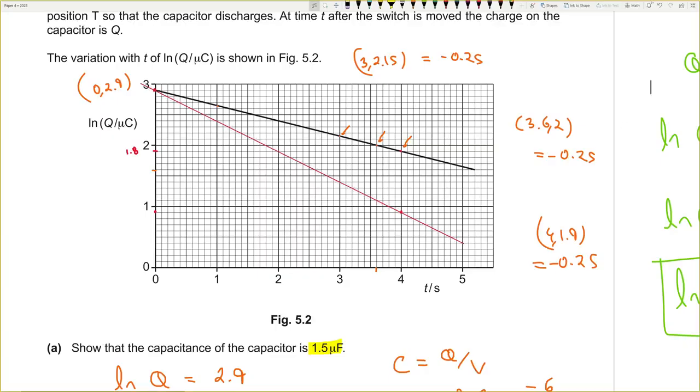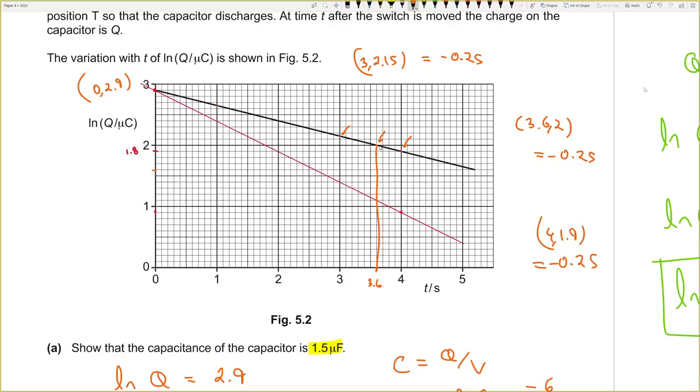So you have to draw another straight line that has double the gradient as this. So the change will be double. It doesn't have to be this point, honestly. You can use other points. For example, let me show you. At 3.6, where were we? We were at 2.